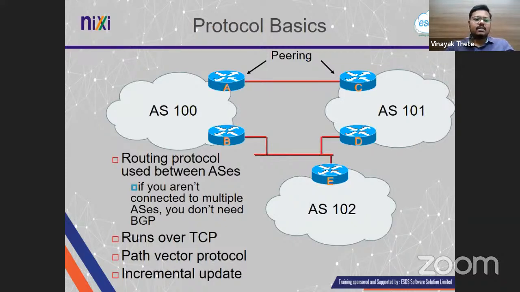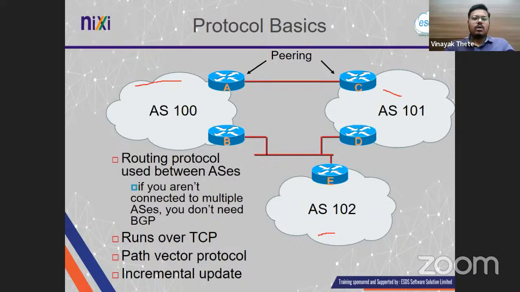Here we can see AS 100, AS 101 and AS 102. There are three different ASes, and all of A, B, C, D, E are the border routers for intercommunication between the different ASes. The peering of A to C is the BGP peering to exchange the routes.